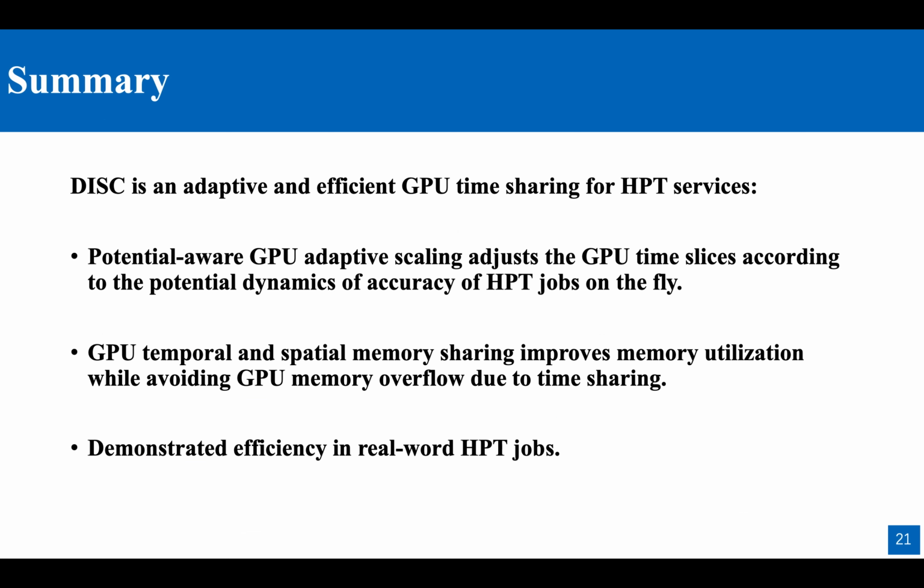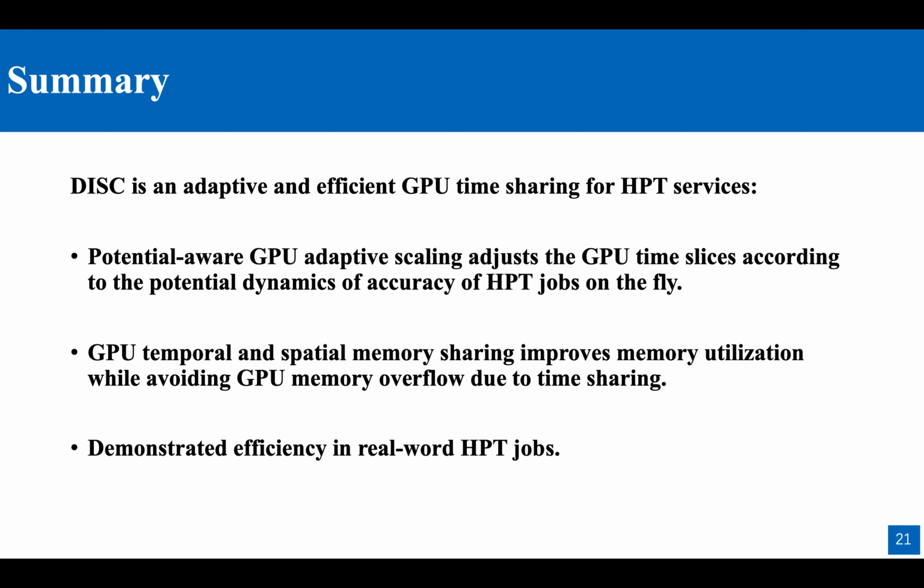In summary, we have introduced DISK, an adaptive and efficient GPU time sharing for HPT services. DISK introduced potential-aware GPU adaptive scaling that adjusts the GPU time slices according to the potential dynamics of accuracy of HPT jobs on the fly. And DISK proposed GPU temporal and spatial memory sharing that improves memory utilization while avoiding GPU memory overflow due to time sharing.